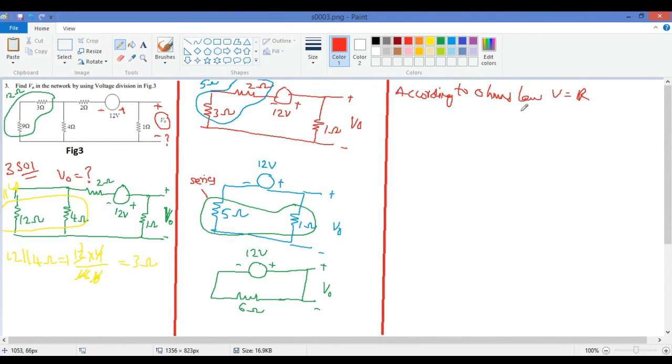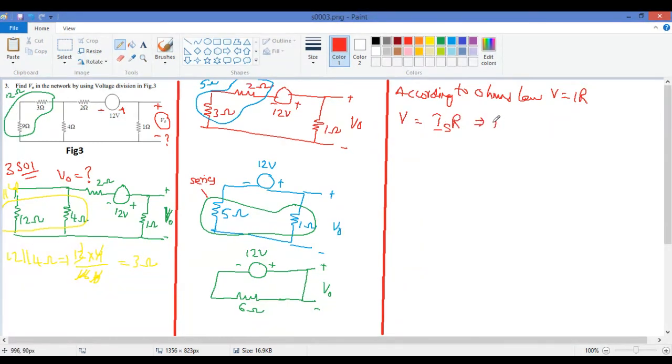So now, according to Ohm's law, we have V is equal to IR. Let I be Is.